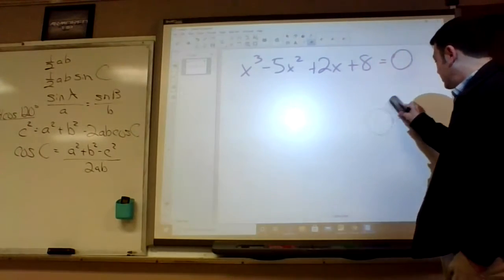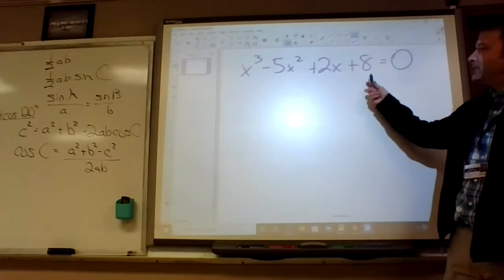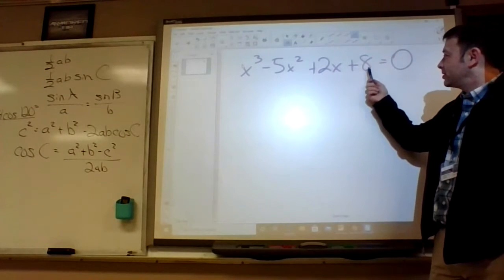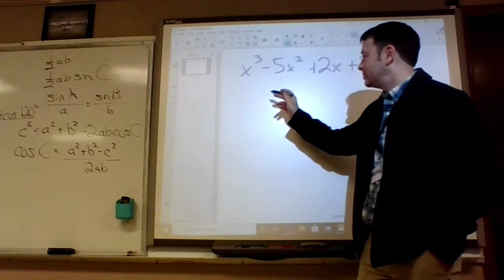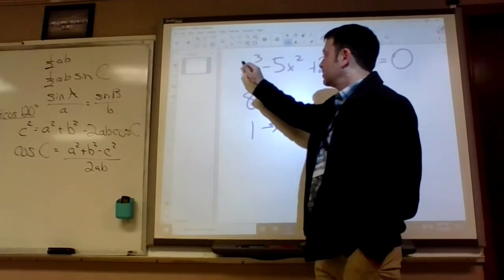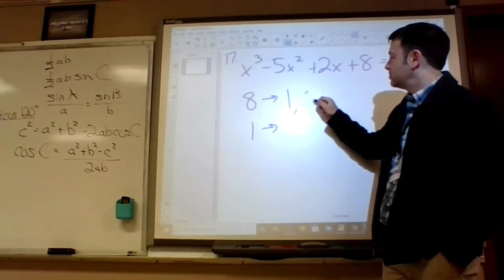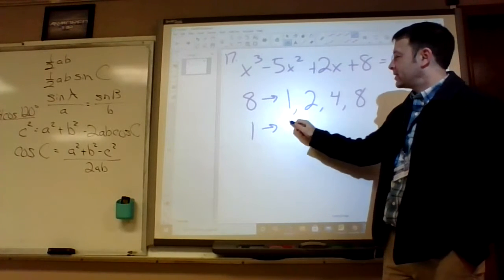The rational root theorem states that if there are rational roots, rational answers to this equation, then they're going to be factors of 8 over factors of 1. What are the factors of 8? 1, 2, 4, and 8. And factors of 1 over 1.